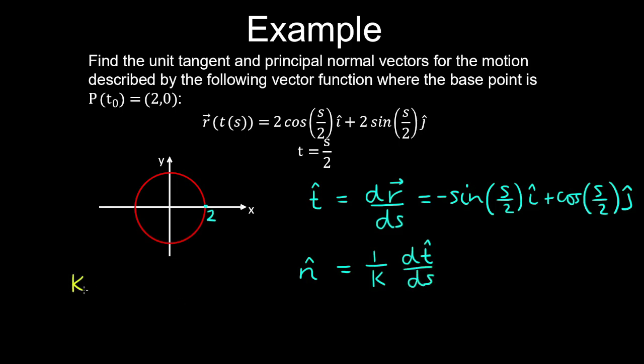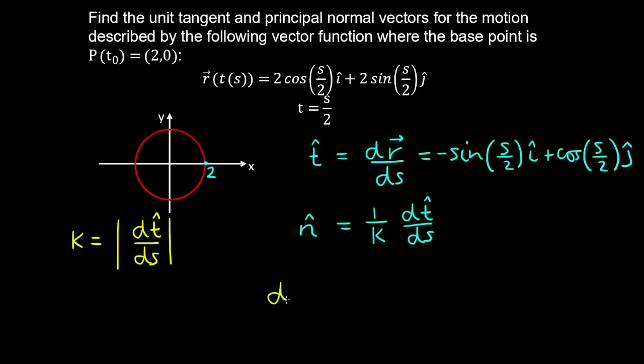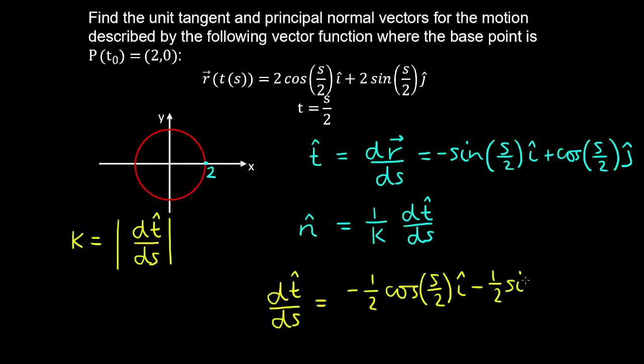And the curvature is the magnitude of this vector, dT/ds. So dT/ds is minus a half cosine s on 2 in the i direction minus a half sine s on 2 in the j direction.